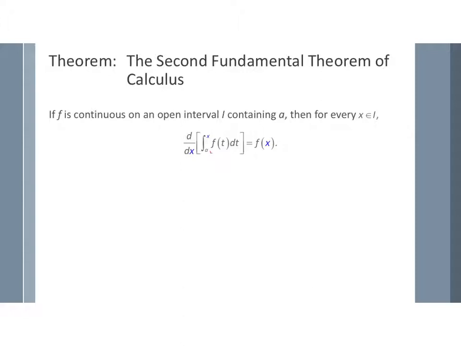So you'll notice the integrand and the answer. The derivative acts on this definite integral, and the result is the integrand, and we replace the independent variable with the variable we are differentiating with respect to.